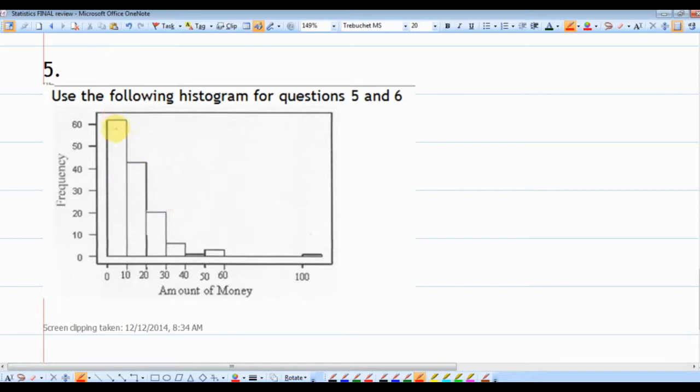So this looks like about 60, this looks like about 44, 43? Let's say about 43. This looks like about 20. This looks like about 7, 1, 3. Oh, looks like 1.